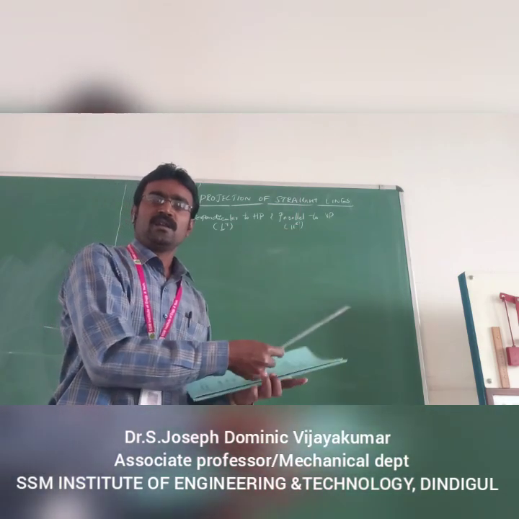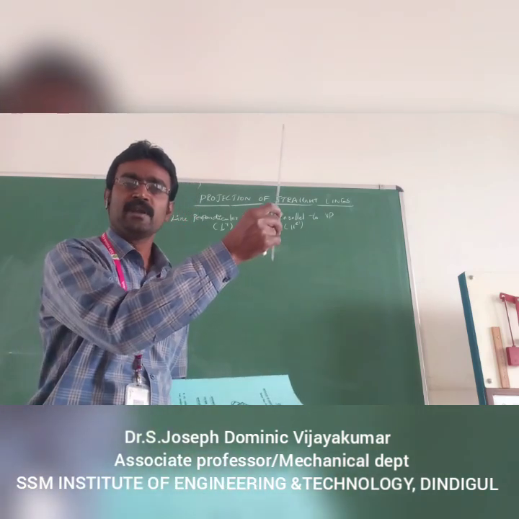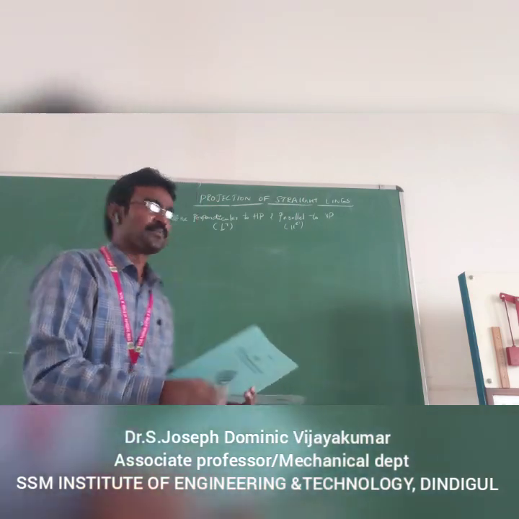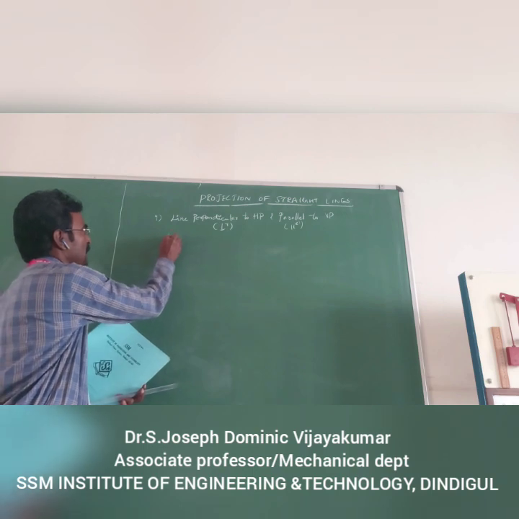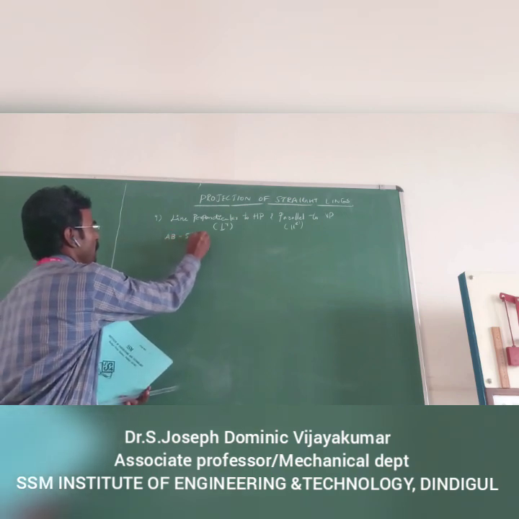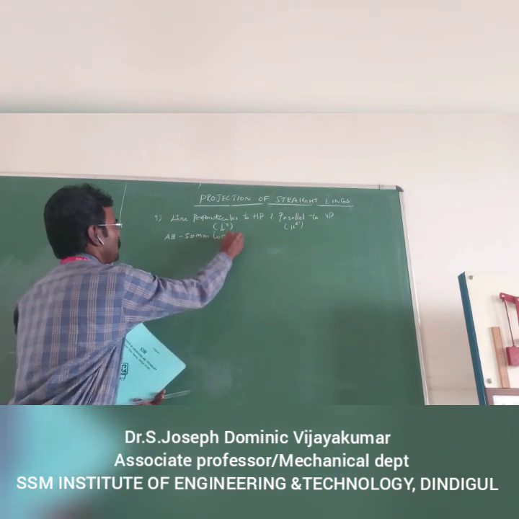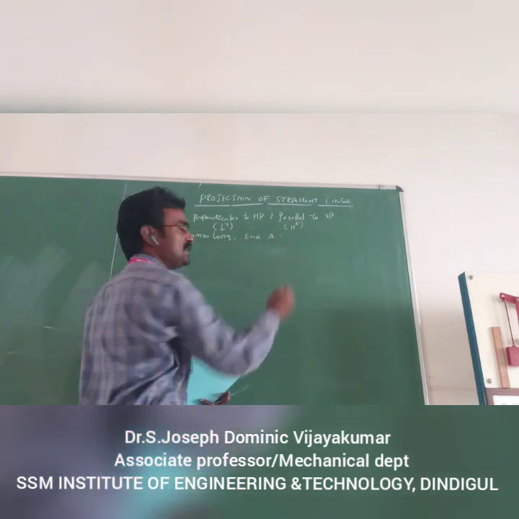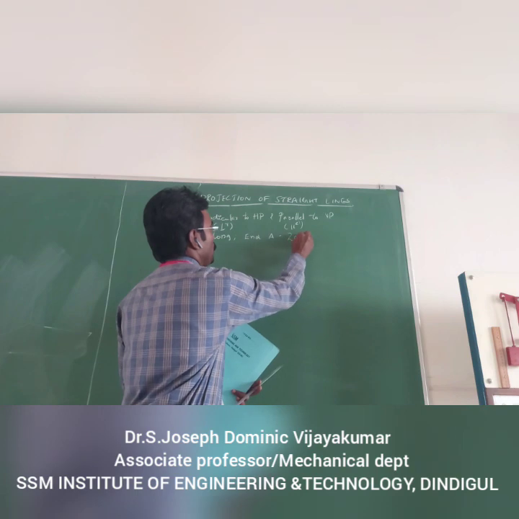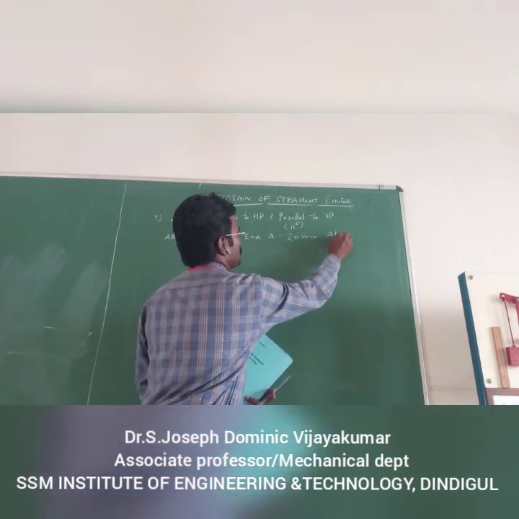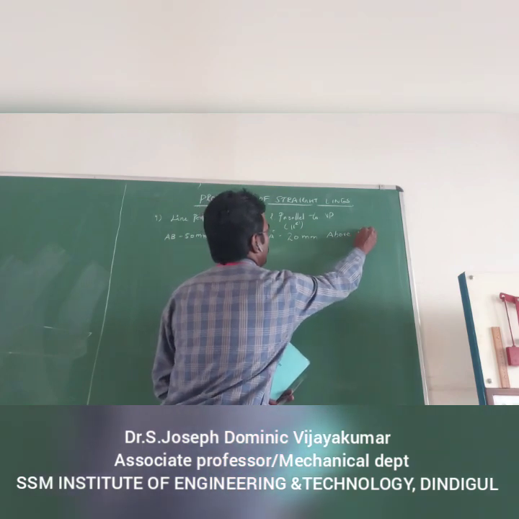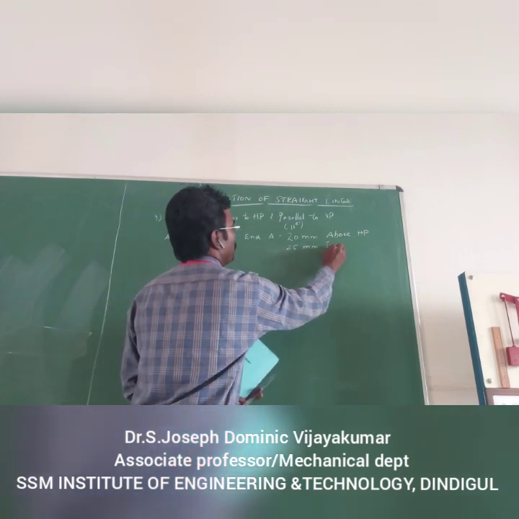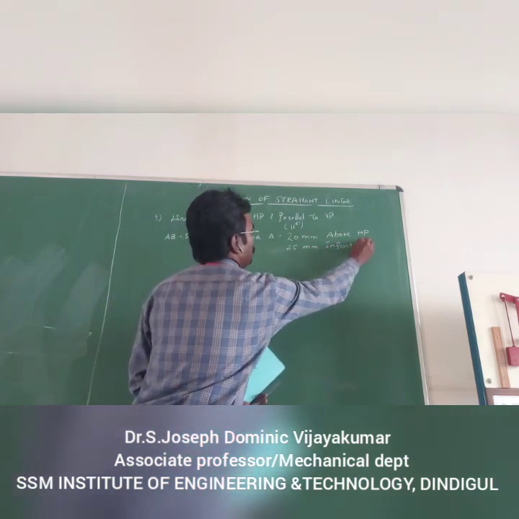For example, we take one problem. A line AB 50 mm long has end A 20 mm above HP and 25 mm in front of VP.